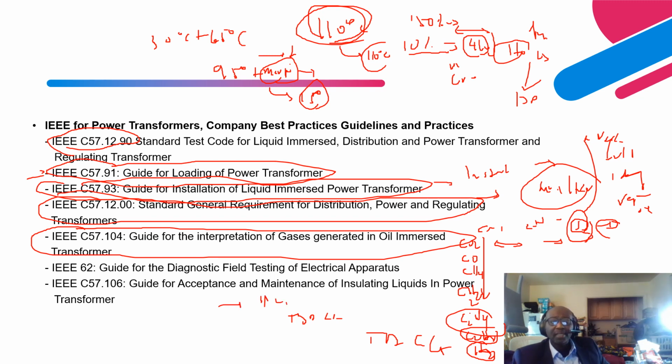The diagnosis stage is where you utilize the Duval triangle and the Rogers ratio to diagnose the type of fault you have, whether it's PD activity or high temperature: T1, T2, T3. T1 is below 300 degrees, T2 is 300 to 700 degrees, and T3 is above 700 degrees, right?